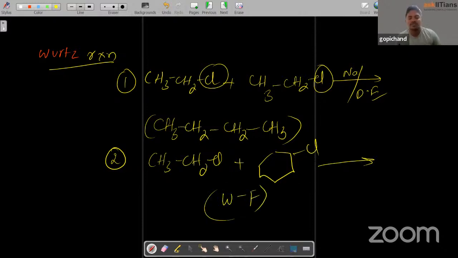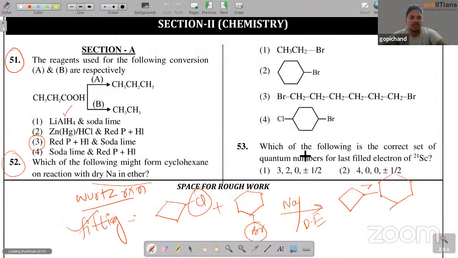So this is about the Wurtz-Fittig reaction, but the question was not asking like that. They are asking which of the following might form cyclohexane. If you can see, this is an alkyl halide, so definitely it will not give you the desired product, because using sodium in the presence of dry ether you are going to get butane.